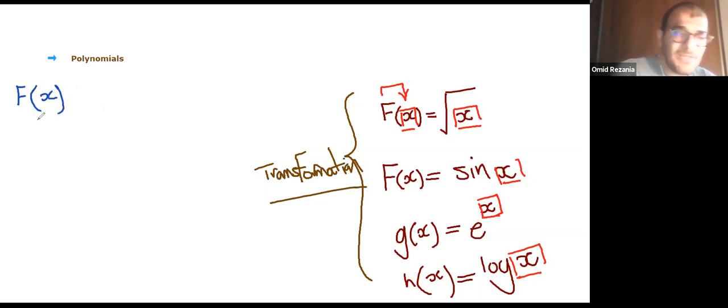A polynomial function, as you will see, is a transformation of only one single variable. At this stage, in Advanced Functions, that's the first characteristic of this function. It's a transformation only of one single variable.